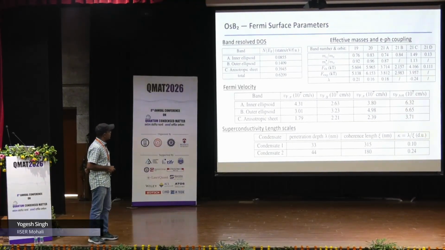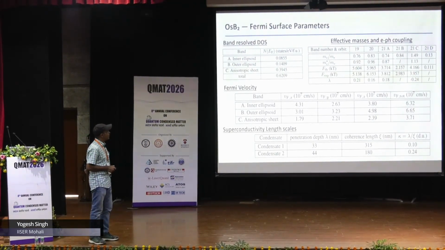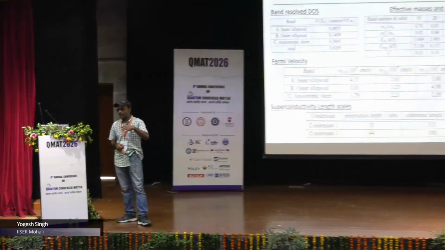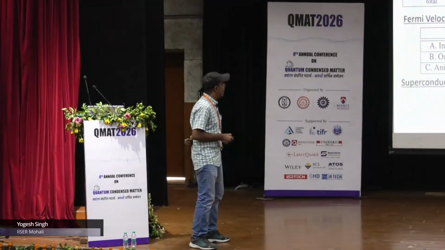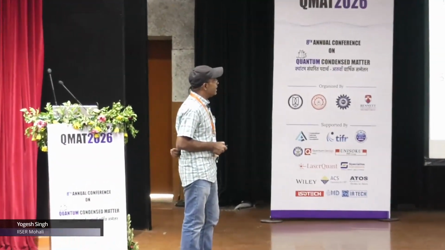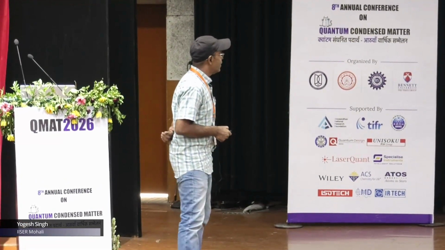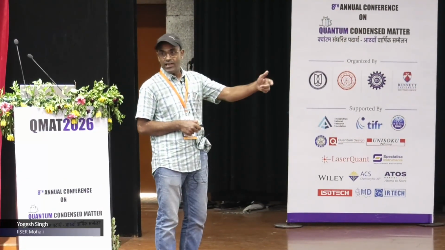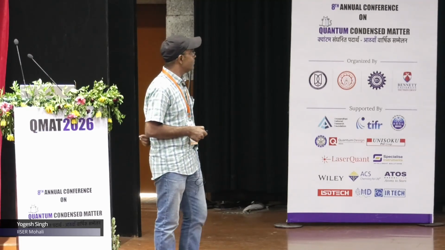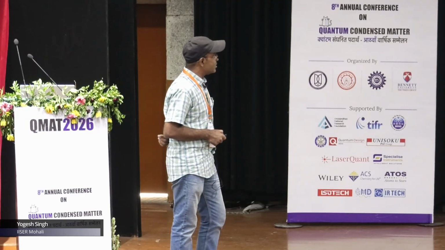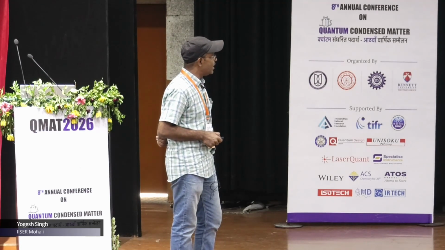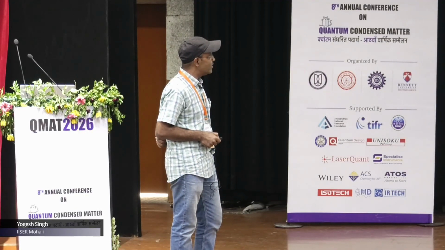On the other hand, if you look at the effective masses, they are all weakly correlated, so close to the free electron mass. The electron phonon coupling is also small, which is consistent with their very low TCs, which we will see later. The Fermi velocities are also obtained, and you can see that the Fermi velocities of the ellipsoids are a factor of 2 larger compared to the tubular sheet.